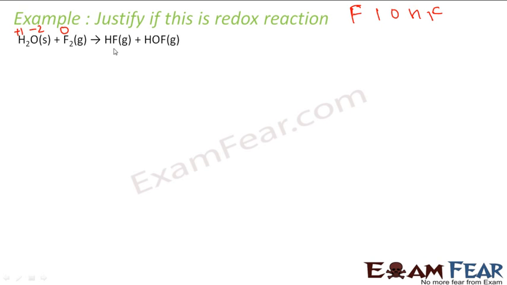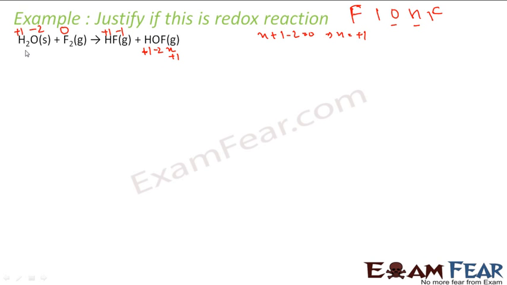First I'll give preference to H. This becomes +1 and then overall it has to be 0. This becomes -1. In this case, first preference is O, that is -2, then H, that is +1. Overall it has to be 0. So let this be x. So x plus 1 minus 2 is equal to 0. So x is equal to plus 1, right? So F is plus 1 here.